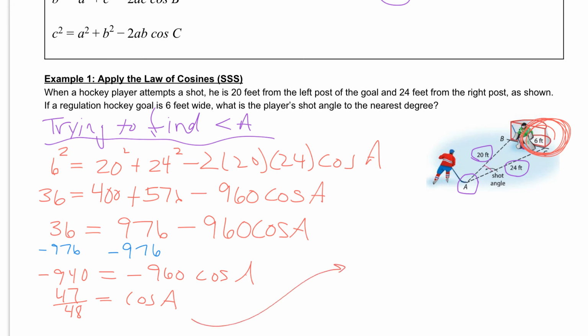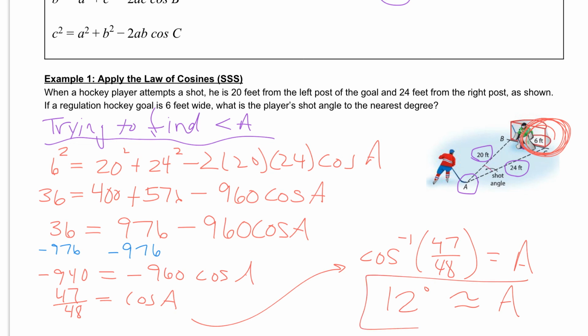So I'm going to take the cosine inverse of 47 over 48, and that's going to be A. So let's pause it for a second and plug that into our calculator. If I round that to the nearest degree, you should have gotten that A is approximately 12 degrees. So the shot angle is about 12 degrees.